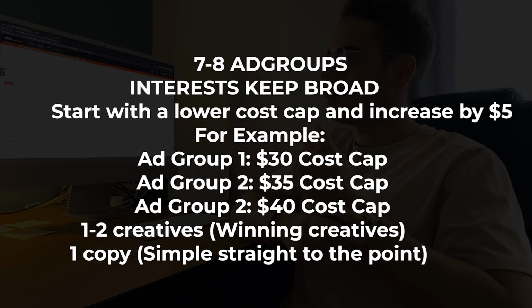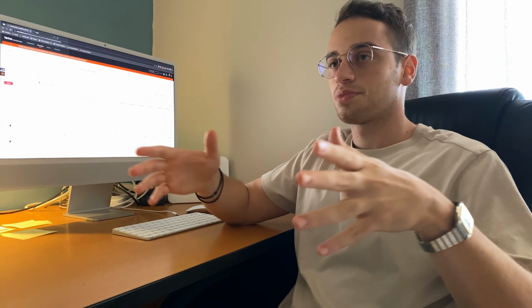I recommend maybe focusing on one, but if you find another one that's really strong, put it there. If you have different products that you push, I recommend creating a different campaign, or if you don't have that much budget, just split the 7 or so ad groups into 2 things.